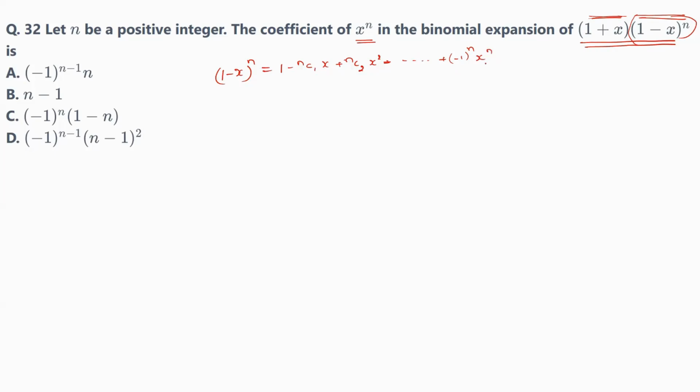Now, the general term of this expansion is (-1)^k nCk x power k, right? This is the general term of this expansion, or the kth term.